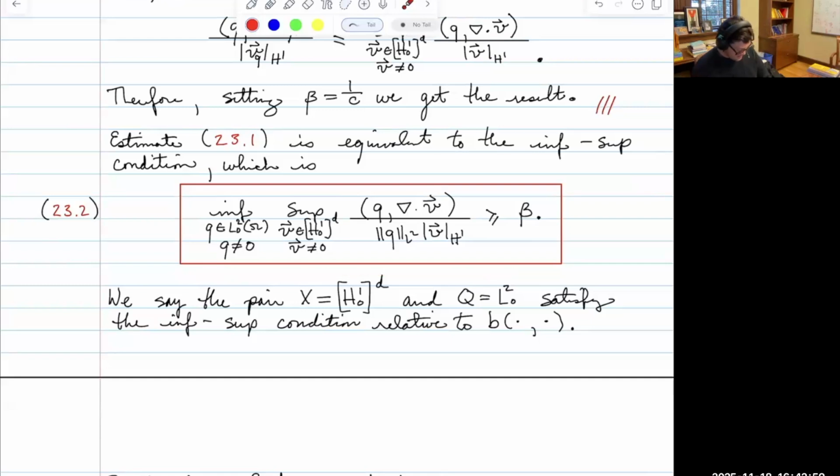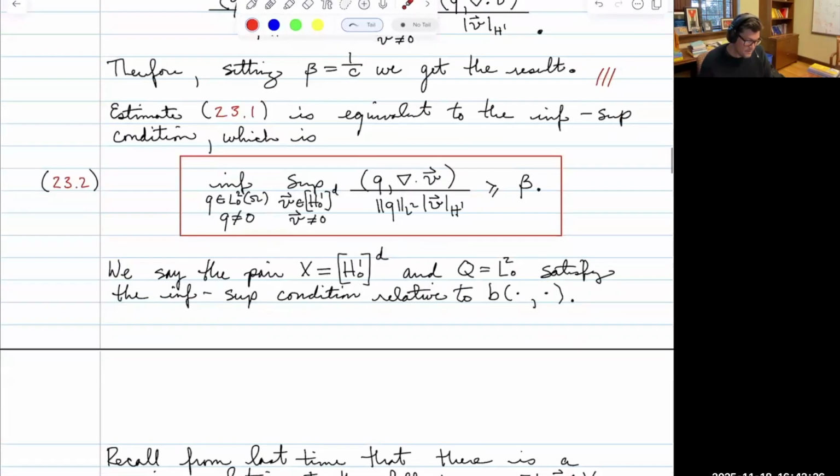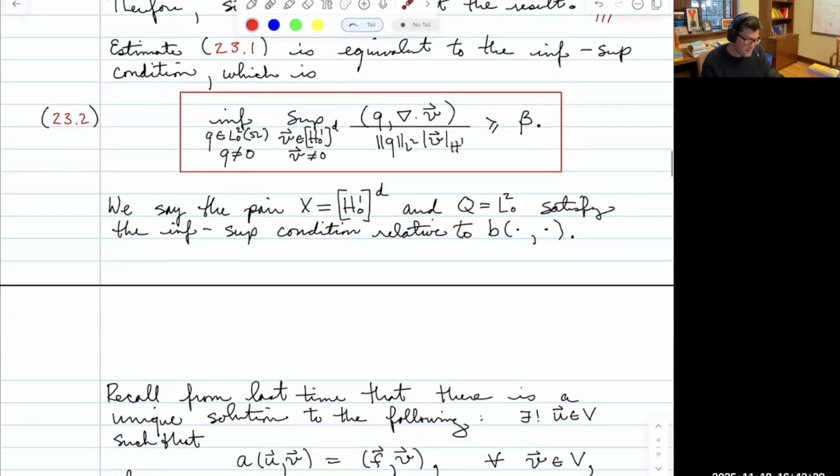What we say is that X and Q satisfy the Inf-Sup condition relative to this inner product B. So we say the pair X, which is H01D, and Q, which is L20, satisfy the Inf-Sup condition relative to this bilinear form B. Okay, this is our Inf-Sup condition, and this is our Inf-Sup pair.